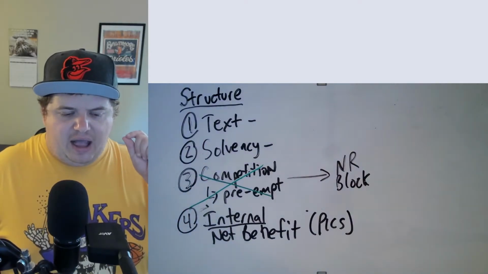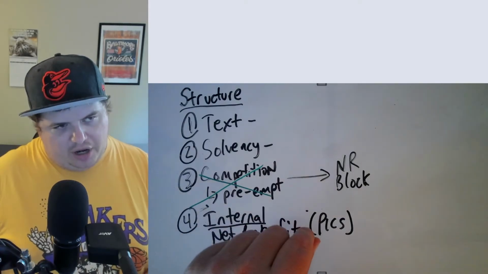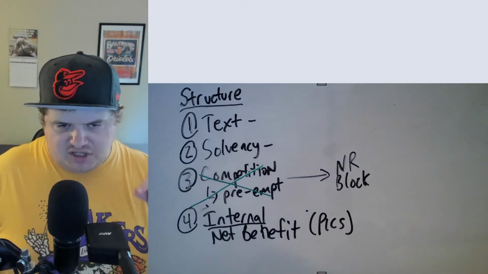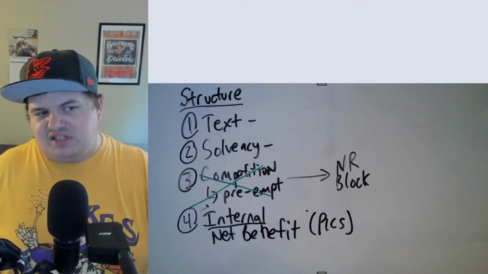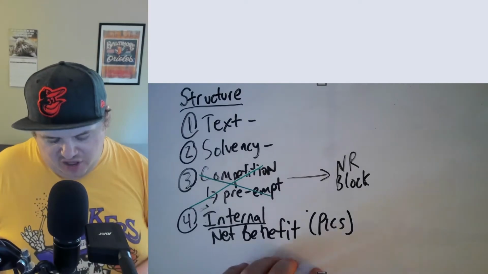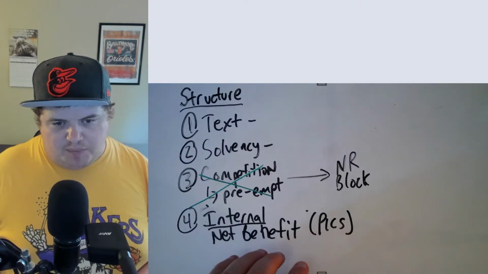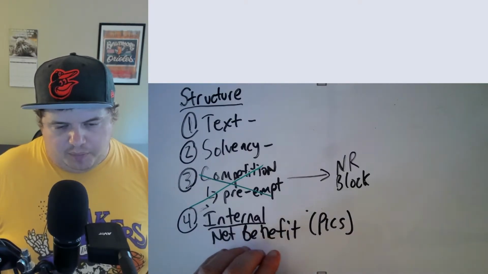In a not internal net benefit style debate, your net benefit is going to be a disad on a separate flow or a separate sheet of paper. In this instance, your net benefit is something on the flow for the counterplan in the debate.